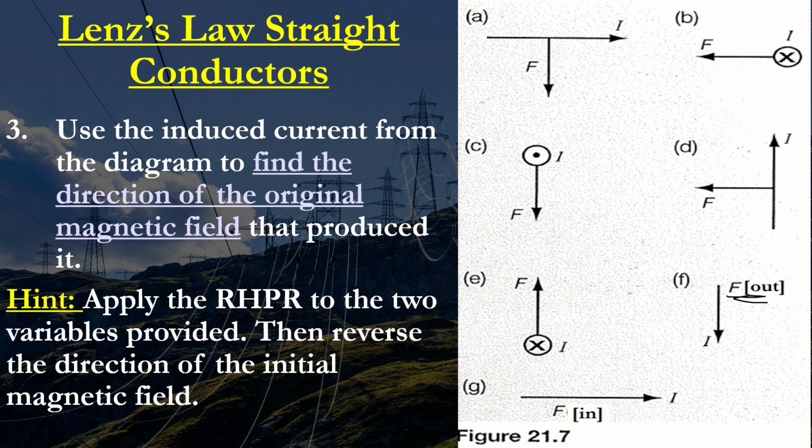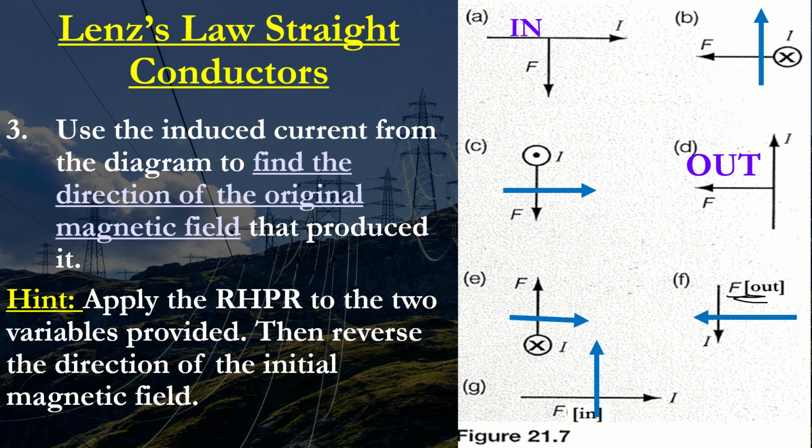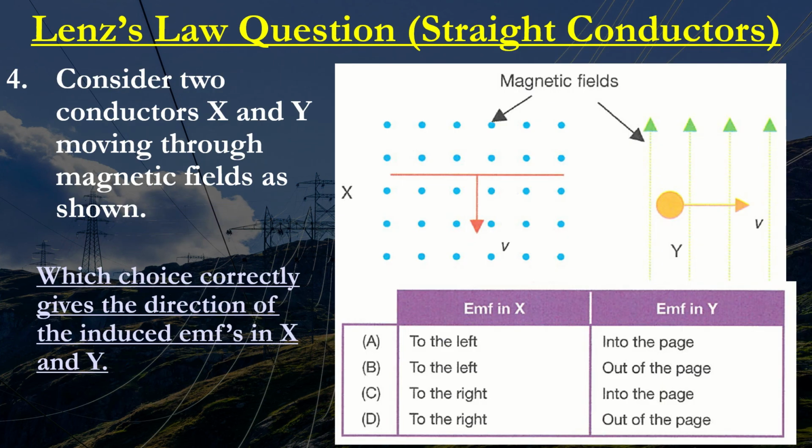Using my left hand rule, current is going to the left, force is going down, into the page. B, up. C would be to the right. D is out. E is going right, F is going left, and G is going up.